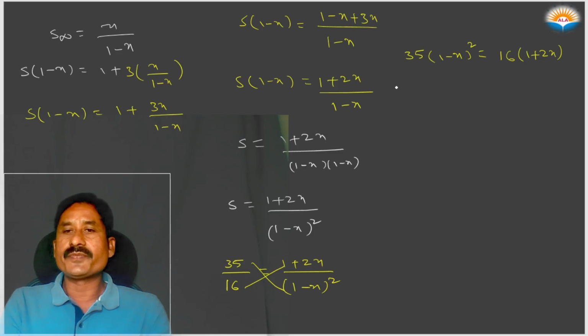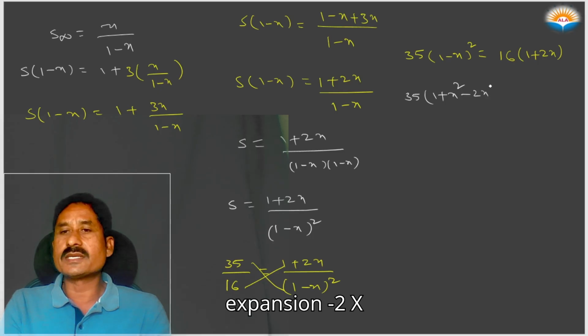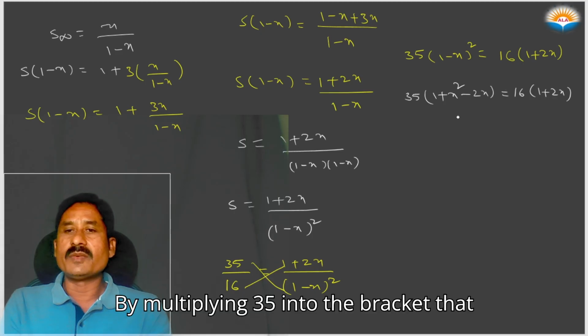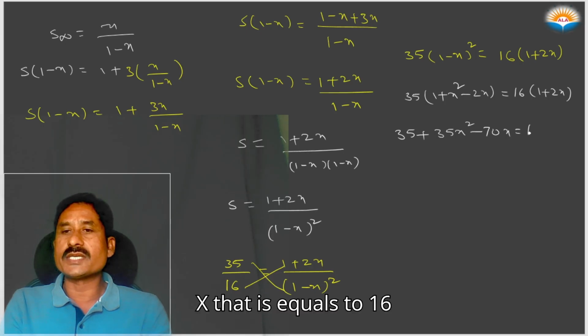By expanding this, 35 into 1 plus x square, a minus b whole square expansion, minus 2x, is equal to 16 of 1 plus 2x. By multiplying 35 into the bracket, that is 35 plus 35 x square minus 35 into 2, 70x, that is equal to 16 plus 32x.